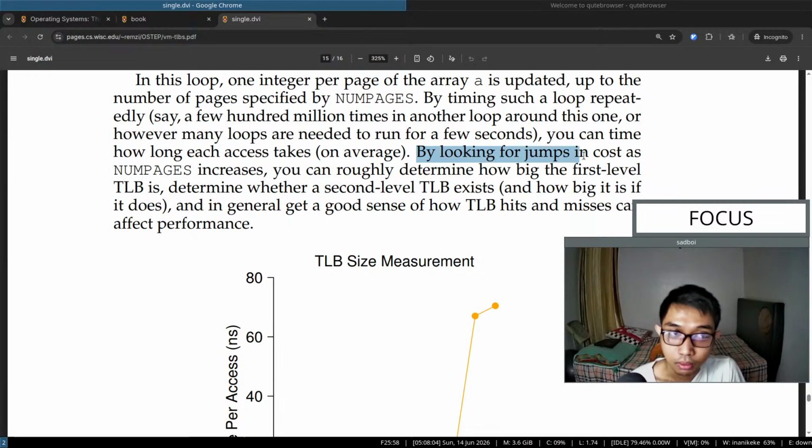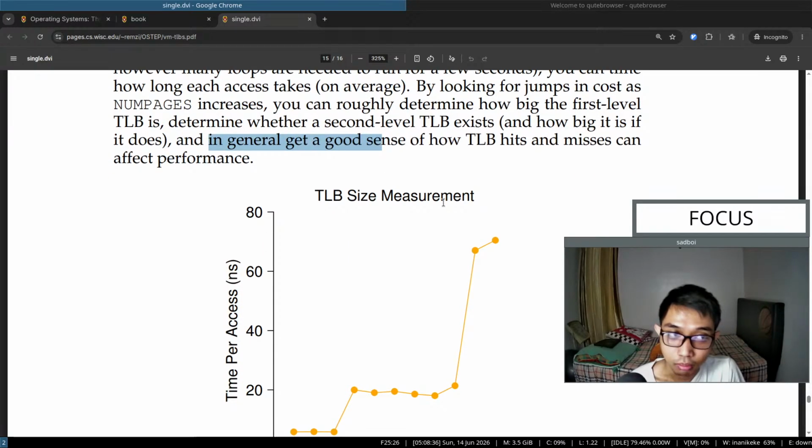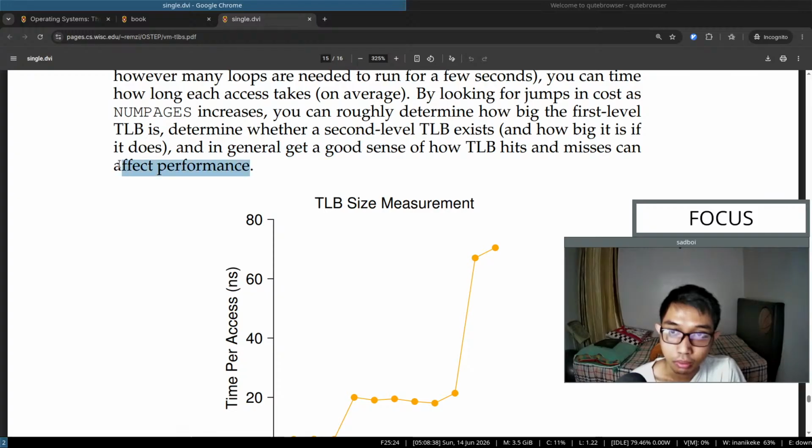By looking for jumps in cost as numpages increases, you can roughly determine how big the first level TLB is, determine whether a second level TLB exists, and how big it is if it does. And in general, get a good sense of how TLB hits and misses can affect performance.